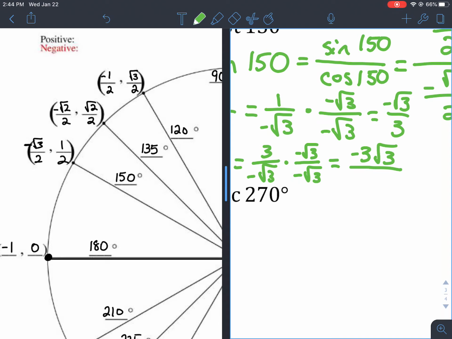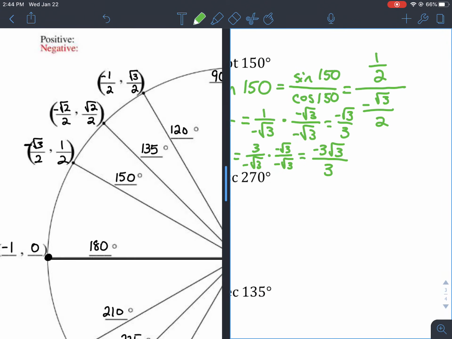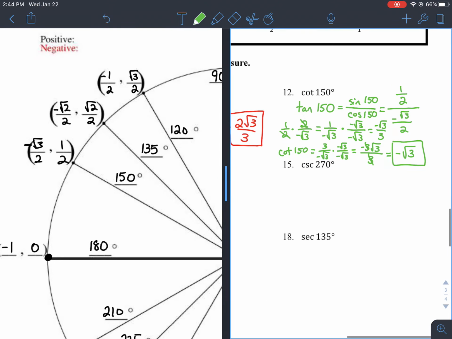On the bottom, the two negatives cancel out. The two roots cancel out. We're just left with 3. And we take the last step, which is a 3 on top, a 3 on bottom, cancel out. We are left with negative root 3. So, by far, the most work comes from a cotangent problem. That's probably going to be the worst one we would have to deal with.